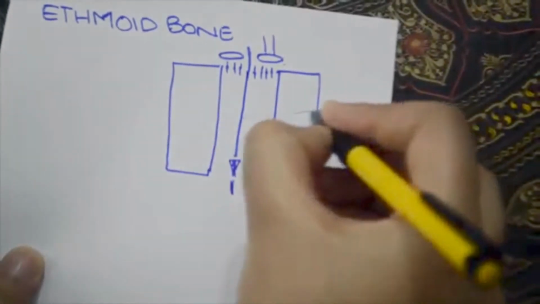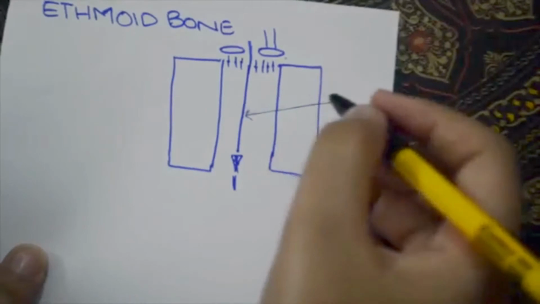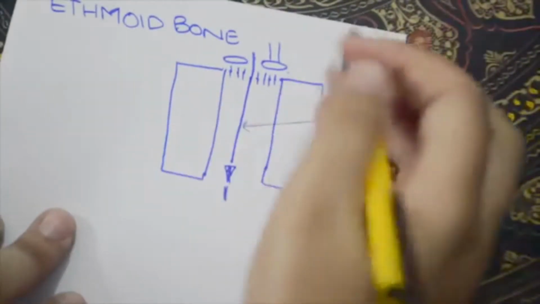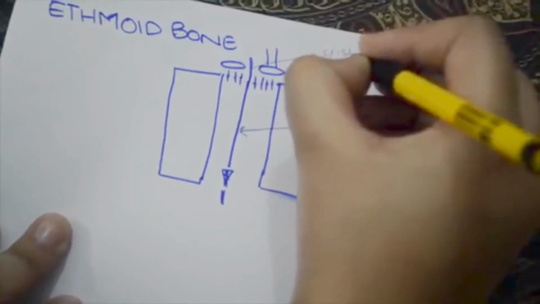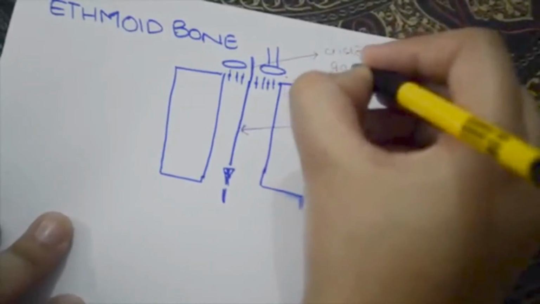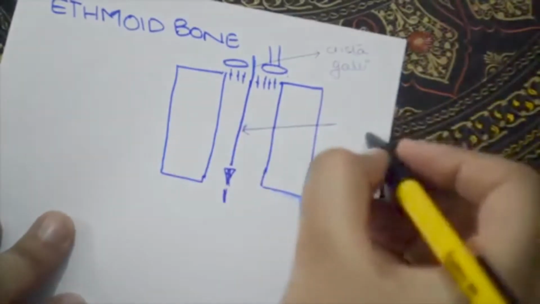This is the perpendicular plate of the ethmoid bone. This part is the crista galli. This is the perpendicular plate of the ethmoid bone. Write it down.